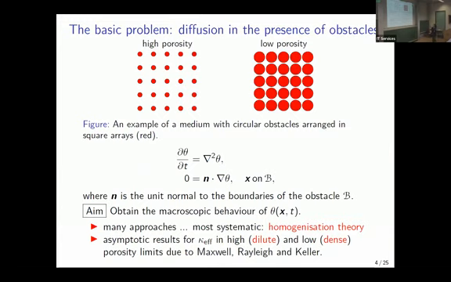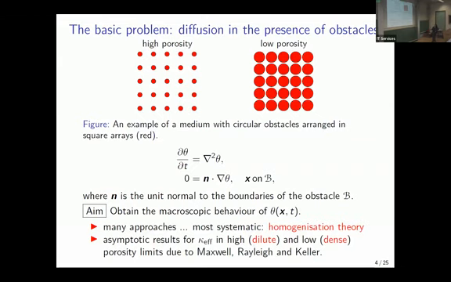So, as mentioned, many approaches have been employed ever since the 19th century. The most systematic one is that obtained from using homogenization theory, and that is like a standard example. When one teaches homogenization theory, probably one would start with something like that.